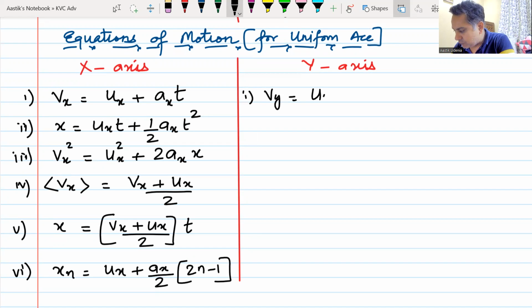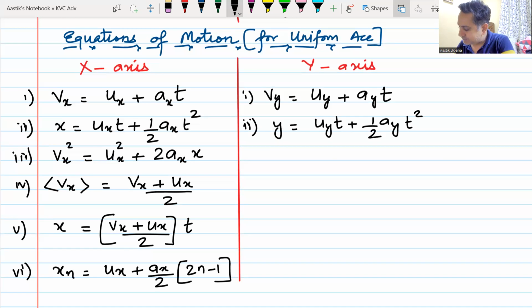Vy is equal to uy plus ay t. y is equal to uy t plus half ay t square.